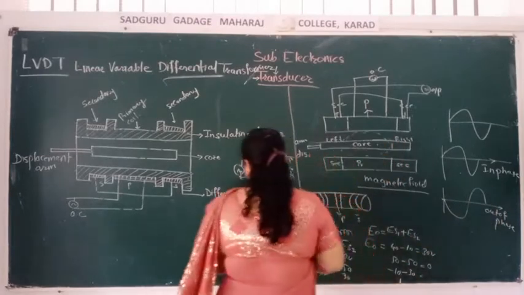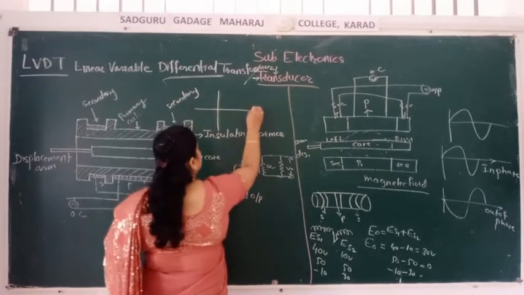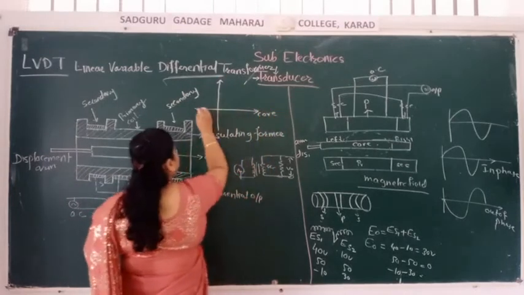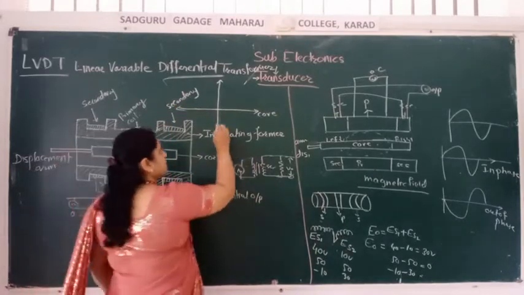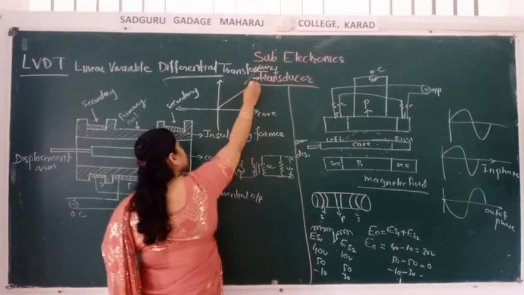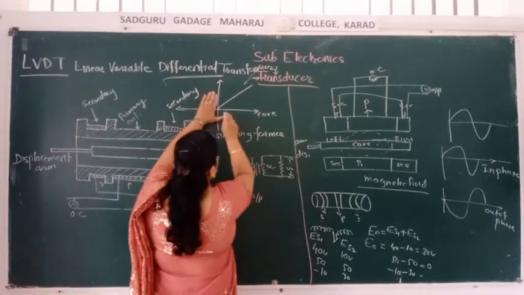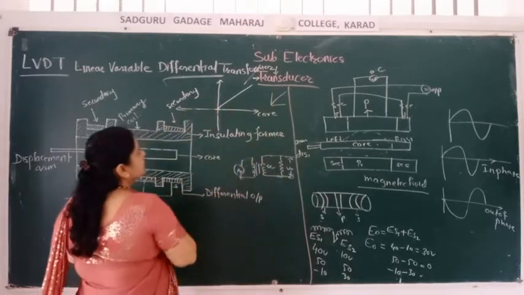So we can show this in a graph also. Suppose this is the core that we are moving to the left and right side. If it is in phase, no doubt it is moving in a linear form. Therefore, the linear graph will be like this. See, only this much portion is linear in the in-phase region.